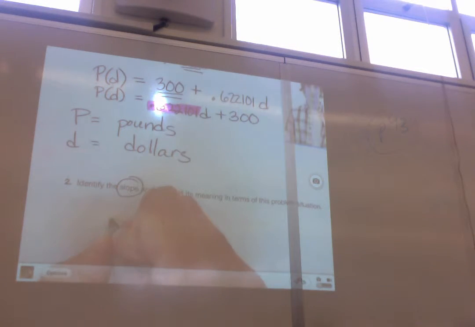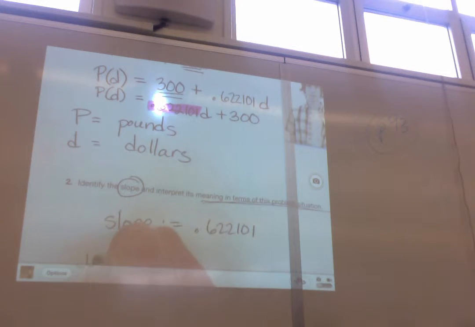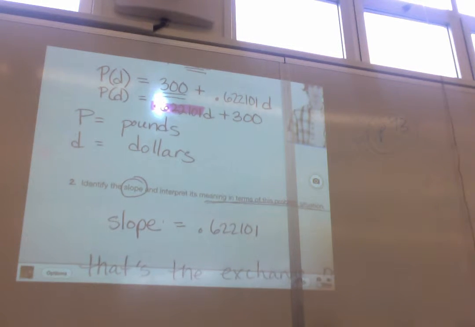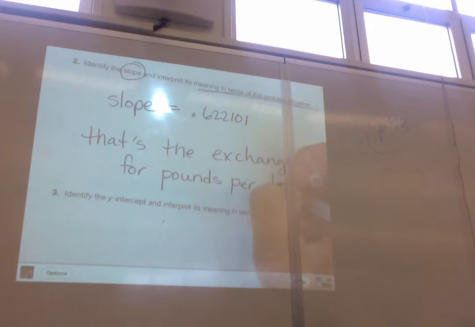Okay, slope equals 0.6220101. And what does this mean? Where did we get that number originally in the situation? That's the exchange rate, pounds per dollar.